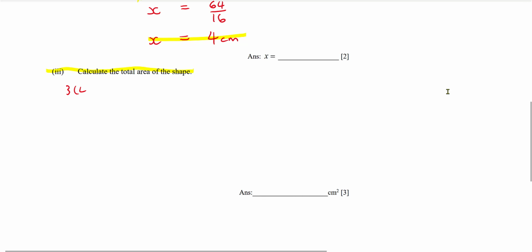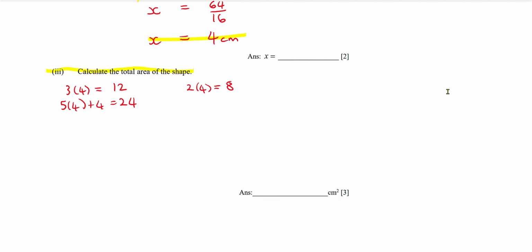So we know that 3 times 4 is equal to 12. We had our other length, 5 times 4 plus 4, is equal to 24. We had that 2x, so that was 2 times 4 is equal to 8. And we had 4 plus 1 was equal to 5.